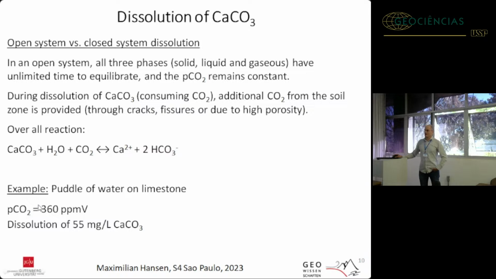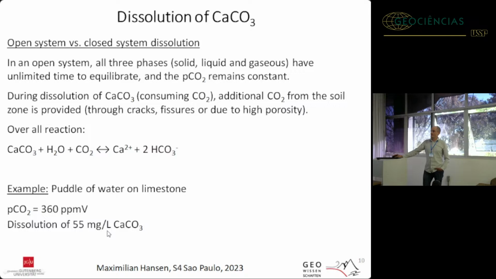An example for that would be a puddle of water on top of a limestone with a PCO2 of, for example, 360 ppm, which is a little bit low because the atmospheric pressure of CO2 is much higher now, unfortunately. But just for the example, the potential of the dissolution in equilibrium with this PCO2 would be 55 milligrams per liter.